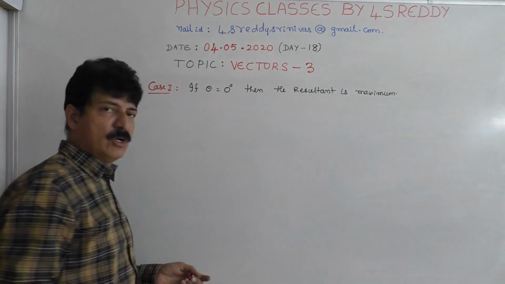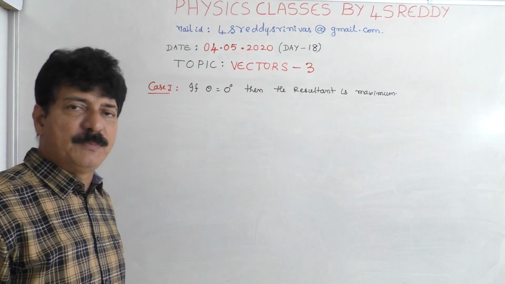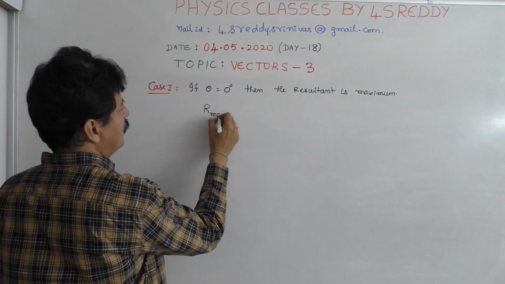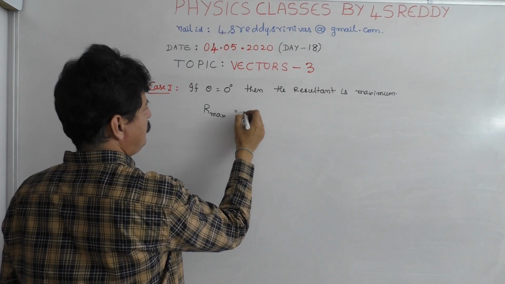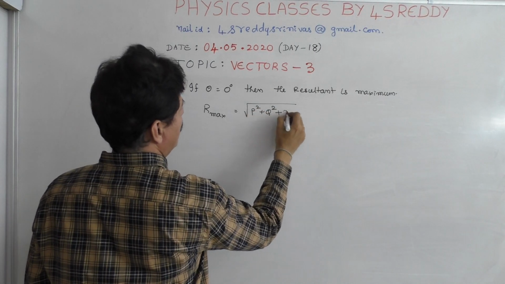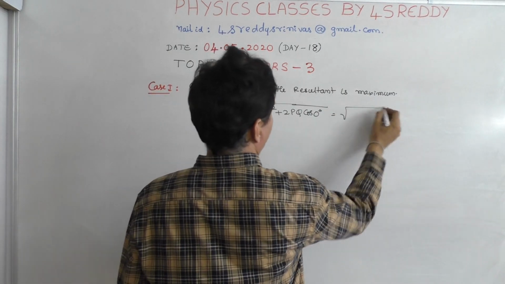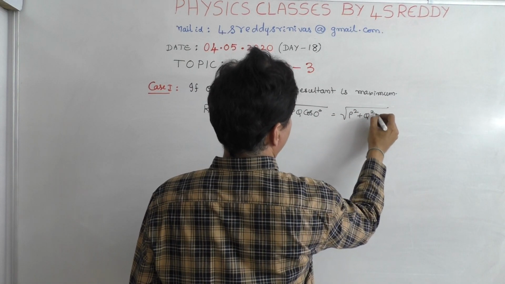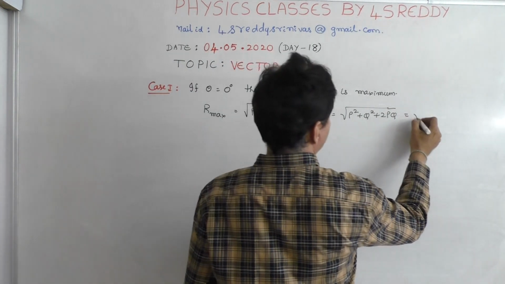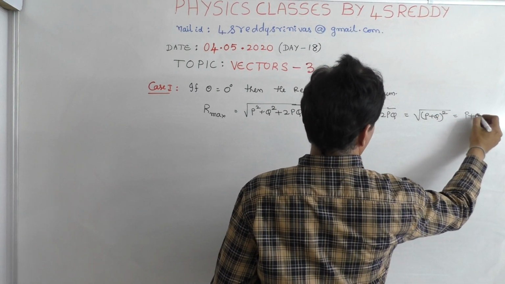Because R is equal to root of P square plus Q square plus 2PQ cos 0, and cos 0 is 1. So it is root of P plus Q whole square, which is P plus Q.